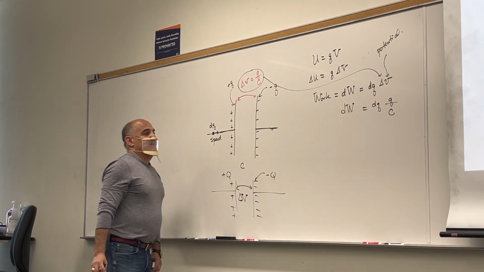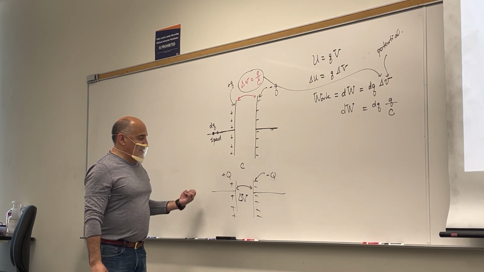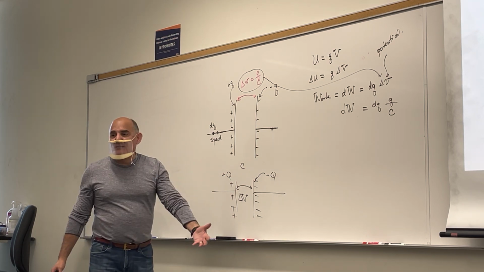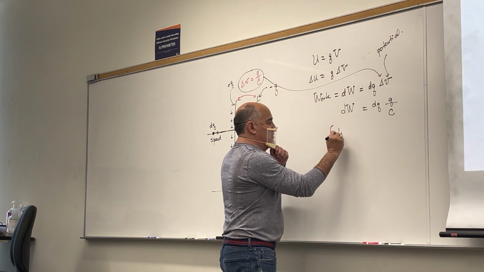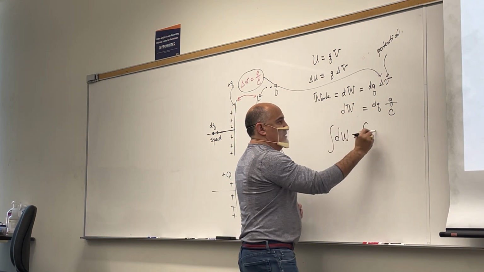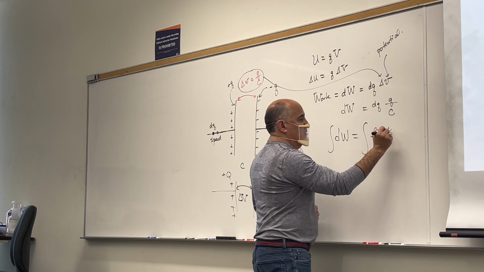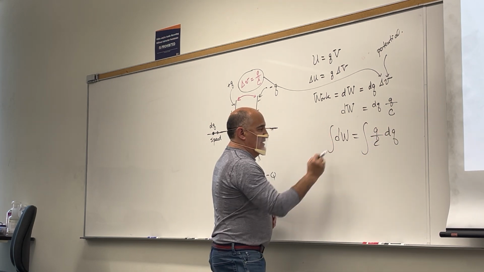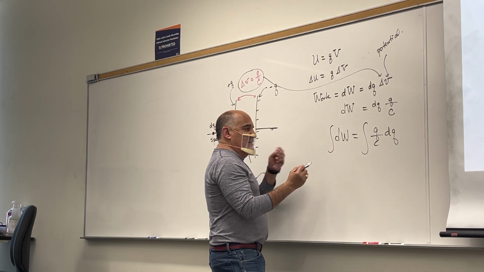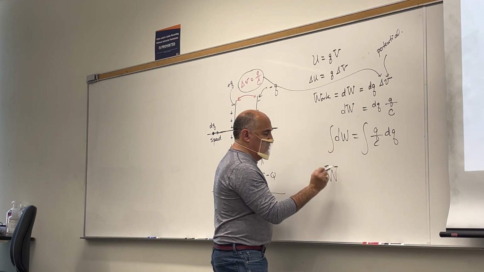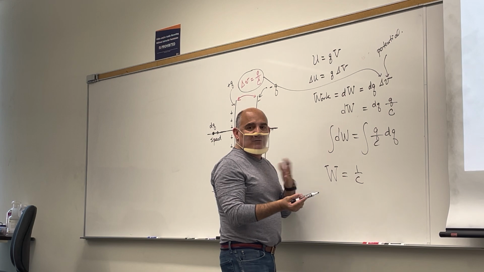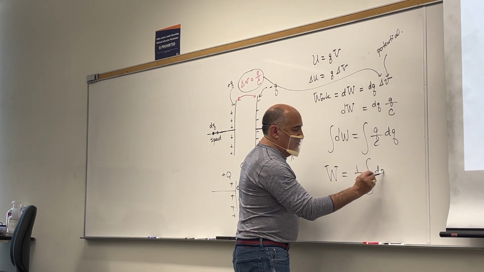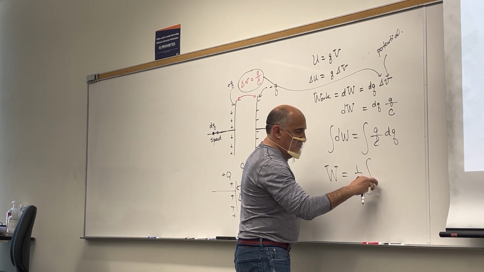Right? So if I want to find out what the total work is that I have to do to charge this capacitor, then I have to add up all of these works. So this is integrating Q over C dq. The sum of all the infinitesimal works is just the total work, total energy, and C is a constant that depends on the geometry, right? And this is Q dq.